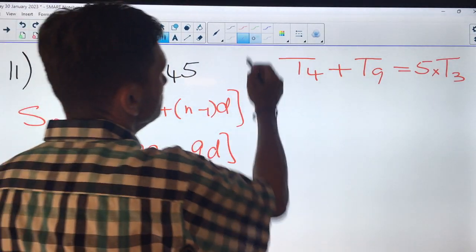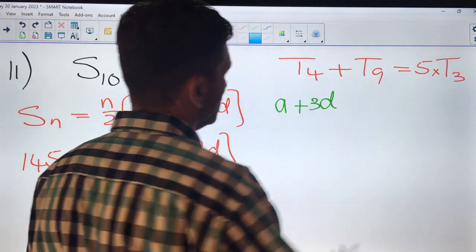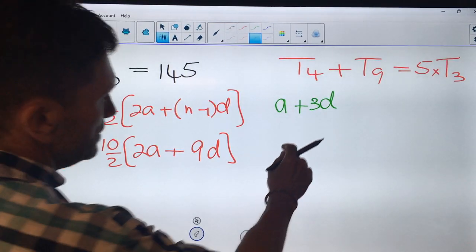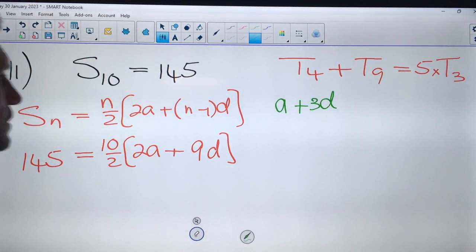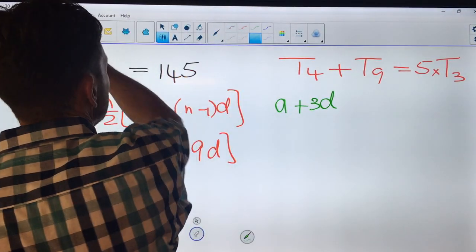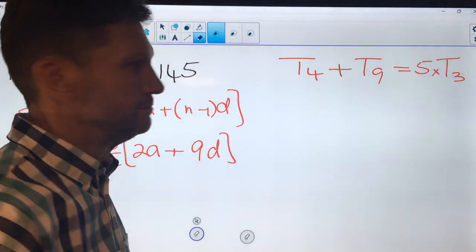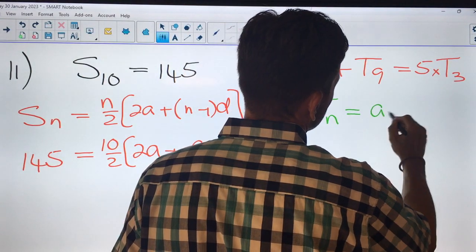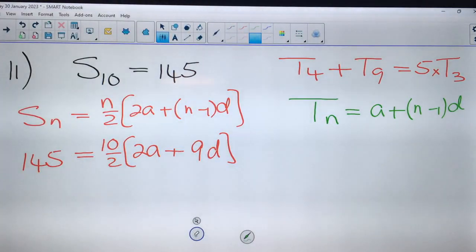Going across to this one, T4 will be a plus 3d. Do you know why? a plus n minus 1 times d, and n is 4. 4 minus 1 will give us 3. Okay, let me just, you can see there are question marks there. Tn is a plus n minus 1 d.